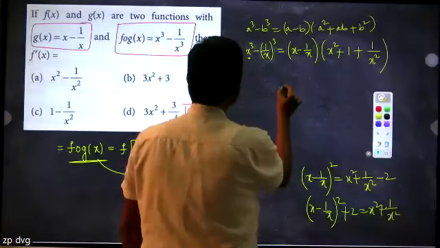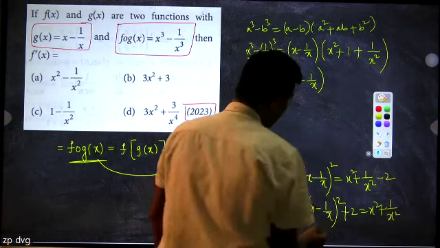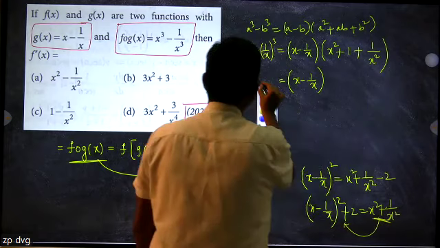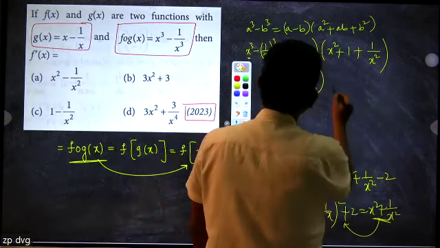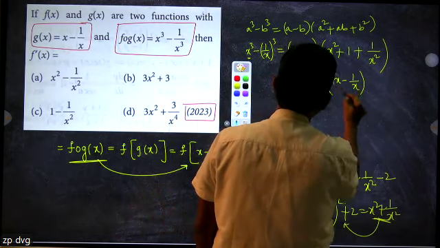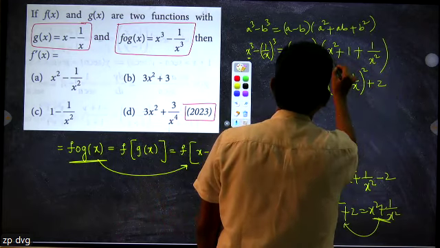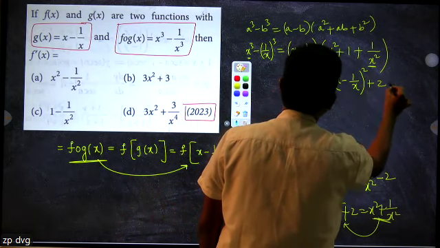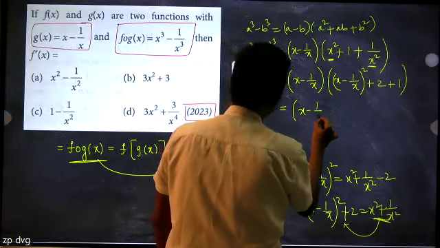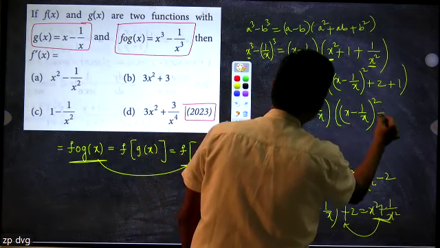Right? So here this is x minus 1 by x into x square plus 1 by x square. This x square plus 1 by x square can be written as x minus 1 by x whole square plus 2. Here plus 1 is there, right? That plus 1. So here it is nothing but x minus 1 by x into x minus 1 by x whole square plus 3.